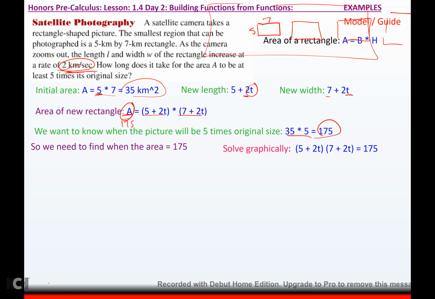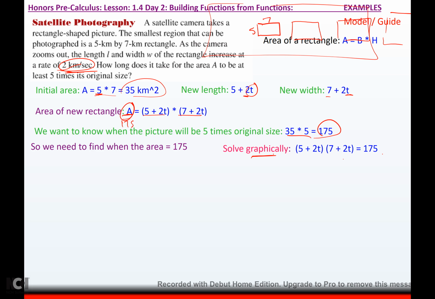So we're going to do this graphically. You could do it algebraically. To do it algebraically, you would FOIL this out, get 175 over, make it equal to 0, and use the quadratic formula, which is absolutely possible and acceptable. But I'm just going to show you graphically.